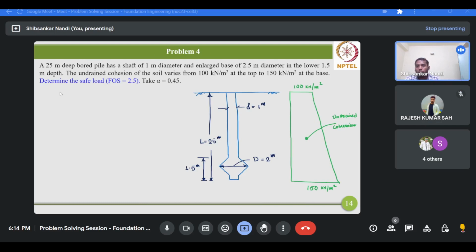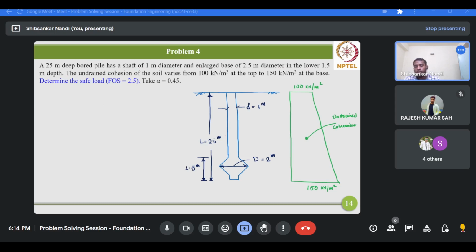Now coming to problem 4. So this is an application of an underreamed pile. A 25 meter deep bored pile has a shaft of 1 meter diameter and an enlarged base of 2.5 meter diameter in the lower 1.5 meter depth.